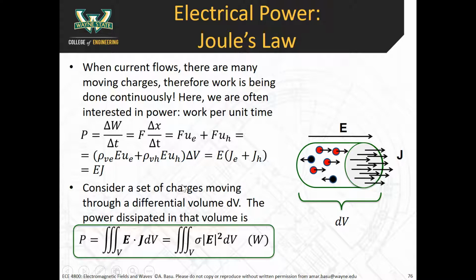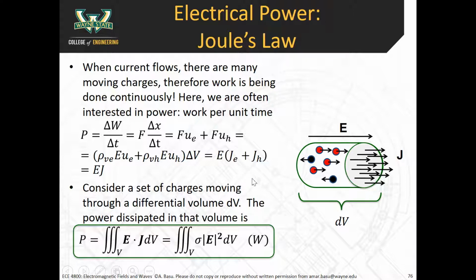So we brought the delta V out here, and we have this term in parentheses. And this is then equal to E times the current density due to electrons plus the current density due to holes.